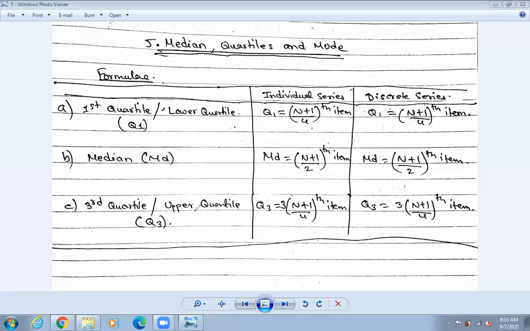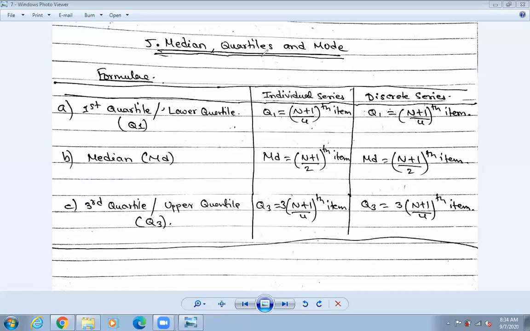Third quartile means upper quartile, and upper means big. 1, 2, 3: 3 is the biggest, so that's Q3. So Q1 is divided by 4, median divided by 2, and third quartile is 3 by 4. In this way, memorize the formula.